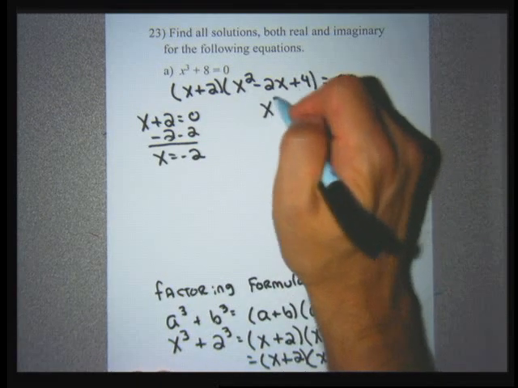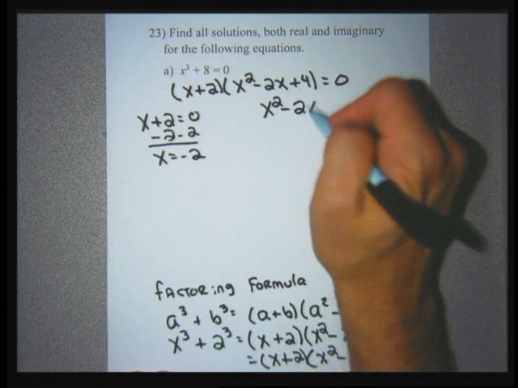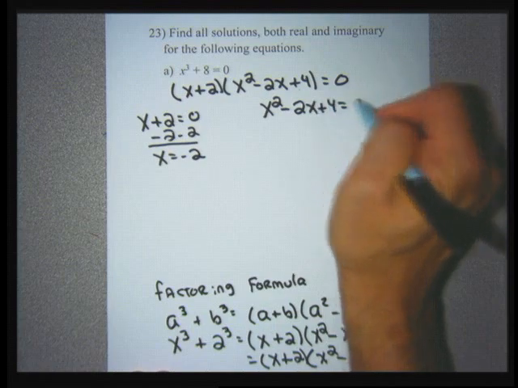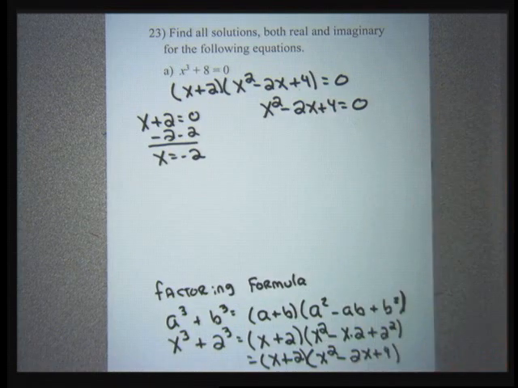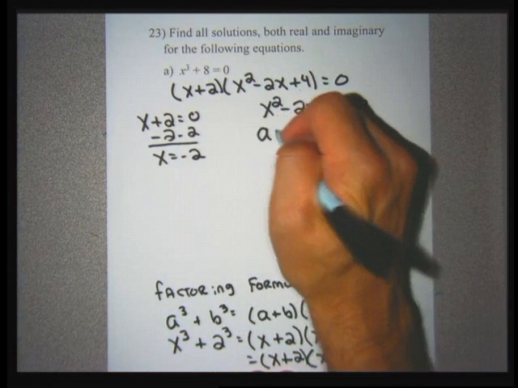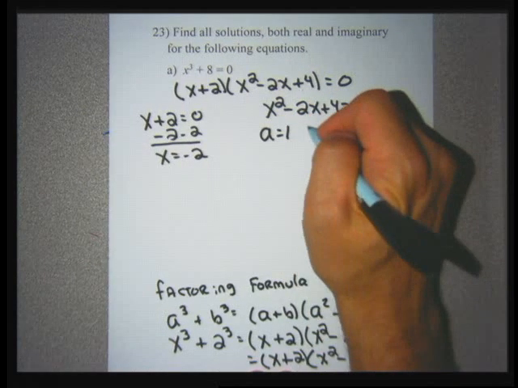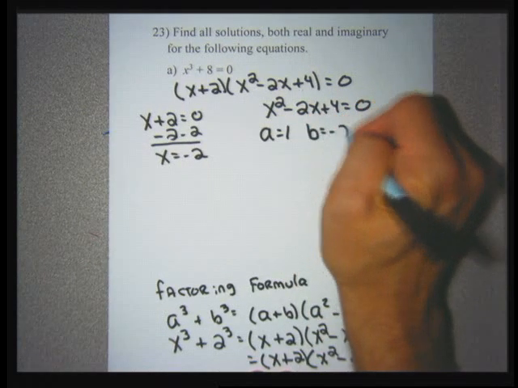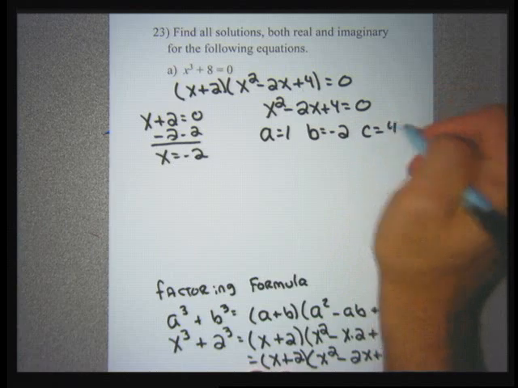When I take the x squared minus 2x plus 4 and set it equal to 0, I'd love to factor it, but it doesn't factor, so I have to use the quadratic formula. And in the quadratic formula, the a is going to be 1, the b is going to be negative 2, the c is going to be 4.